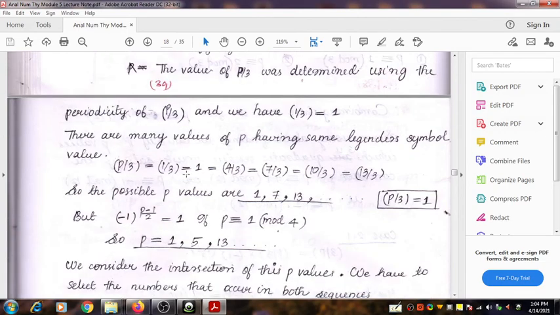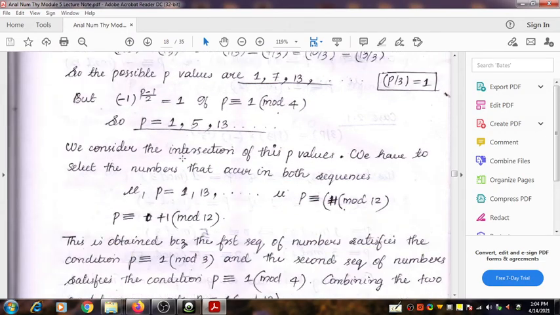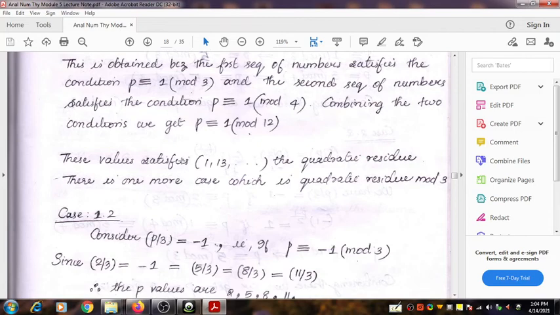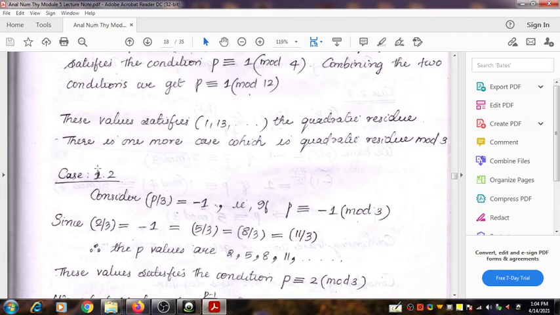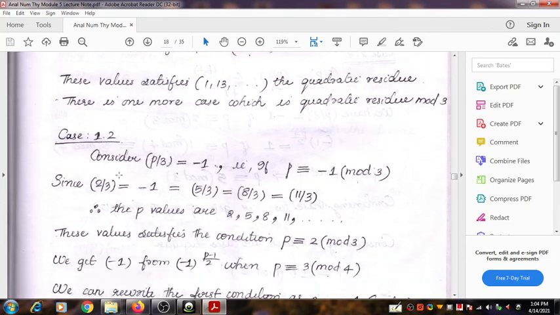The next case is 1.2. In case 1.2, we take (P/3) equal to minus 1, and (P/3) equal to minus 1 can happen only if P is congruent to minus 1 mod 3.